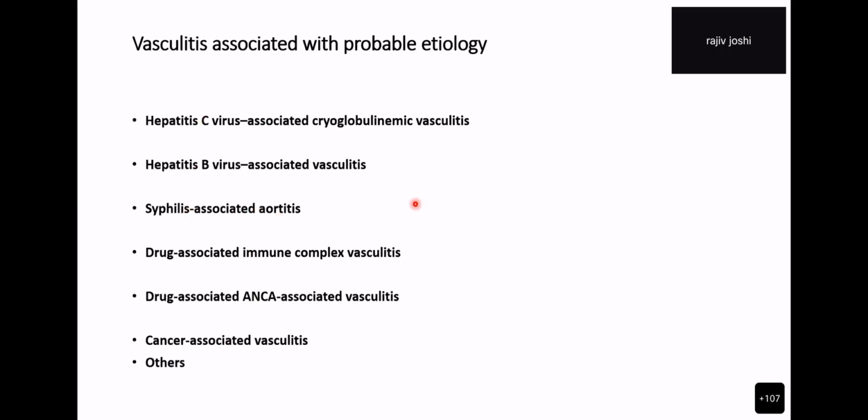These can be the etiology, but histologically you cannot make a diagnosis of all these etiologies unless you do other investigations. As a pathologist, what you can say is that this is a small vessel leukocytoclastic vasculitis.